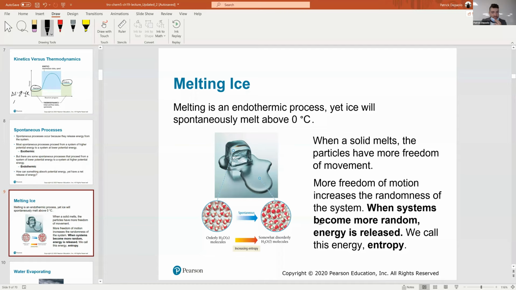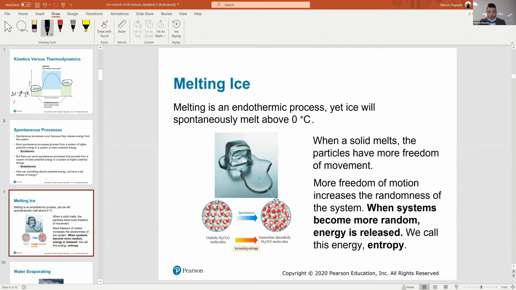So here's the idea of melting of ice. What is actually happening when ice is melting is that the energy from the room temperature environment, or anything really above 0 degrees Celsius, is spontaneously changing the crystal lattice of ice into liquid water. The energy going into that liquid water also increases the entropy of the water, meaning the system of the water becomes more random.